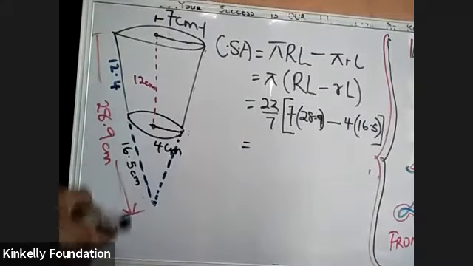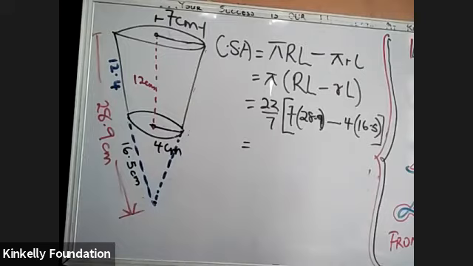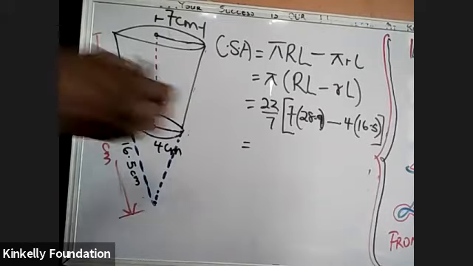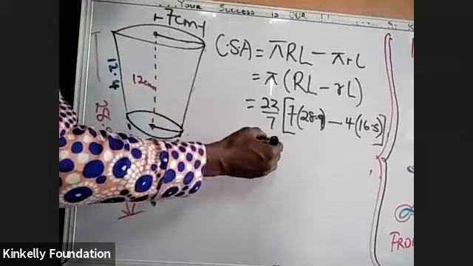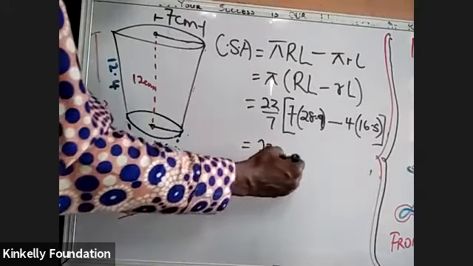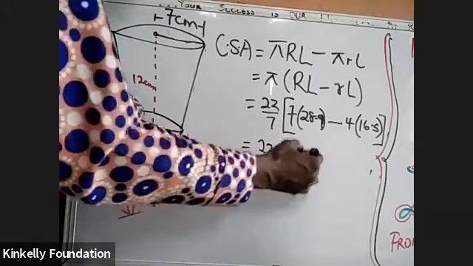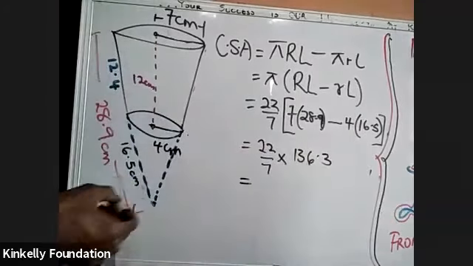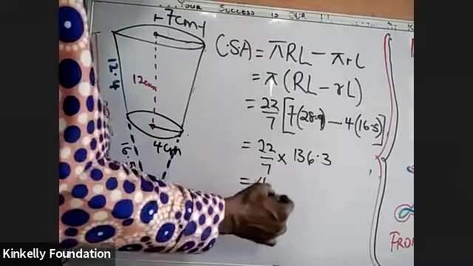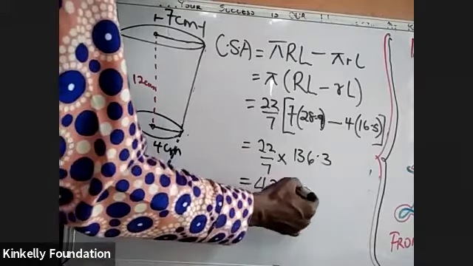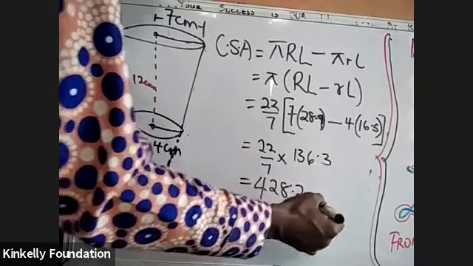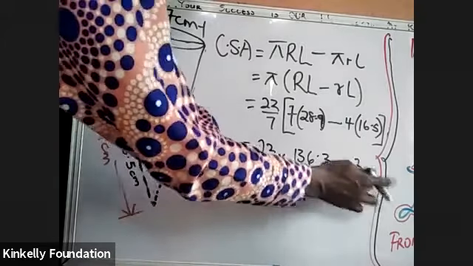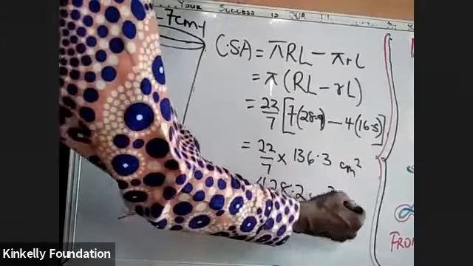So simplify it, I'm going to have something like 22/7 times 136.3. Everything, you're going to get 428.2 cm squared.